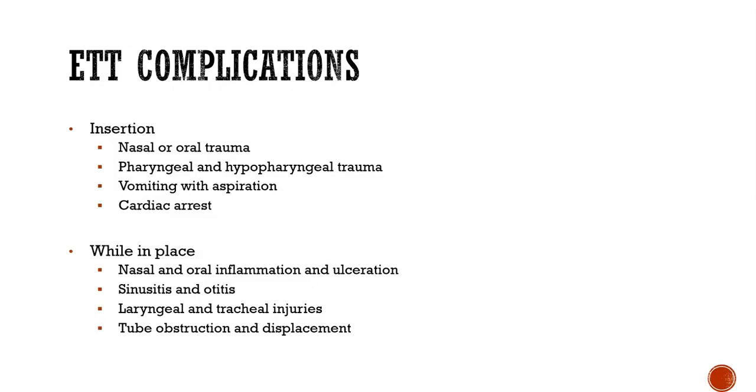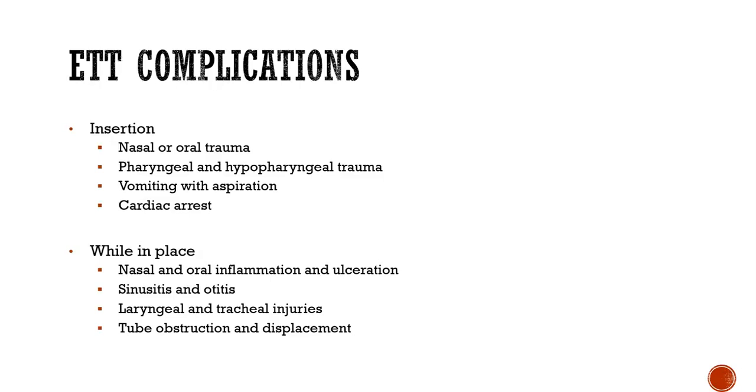While in place, nasal and oral inflammation and ulceration. Like I said earlier with ET tubes, when patients are on them for about 2 weeks or so, if we can't get them off, we usually start talking about putting in a trach, just because the tube starts eroding and causing a lot of inflammation and ulcers.